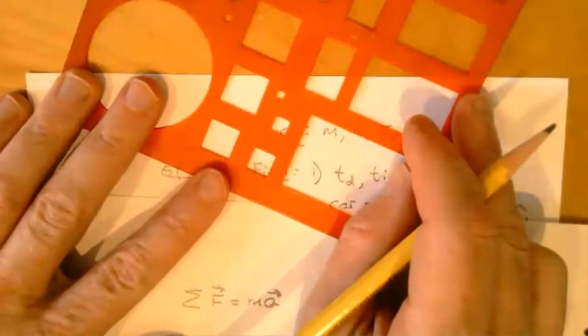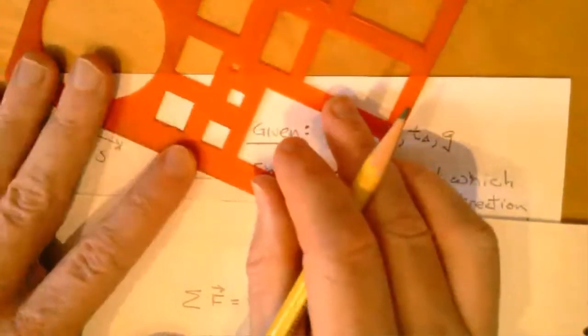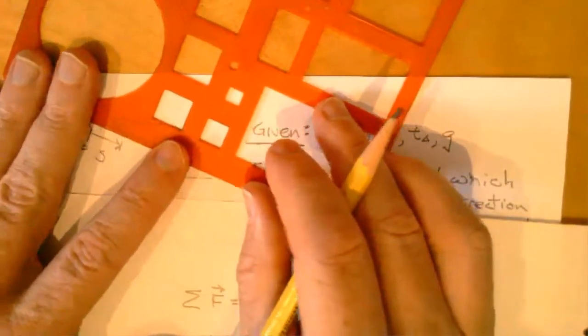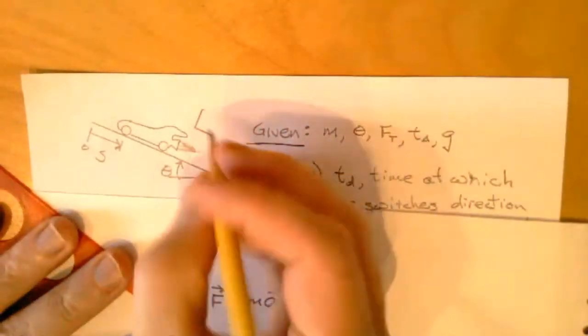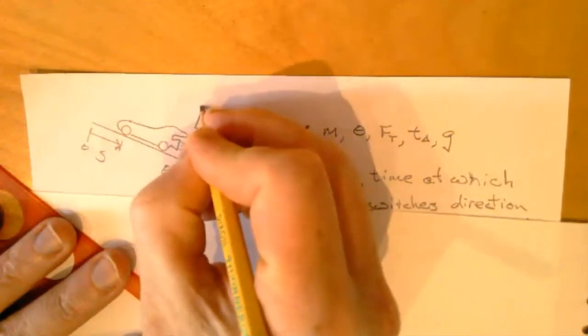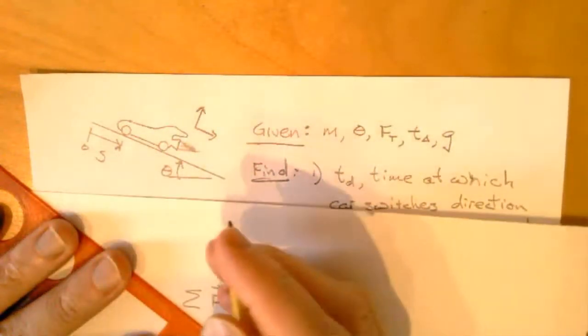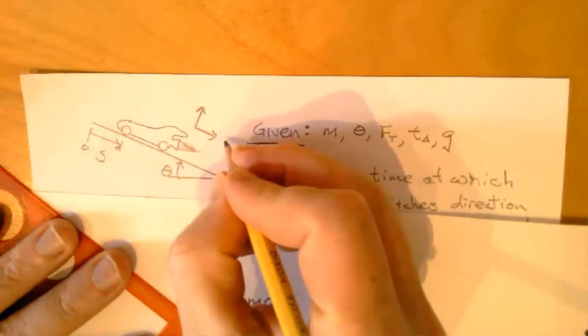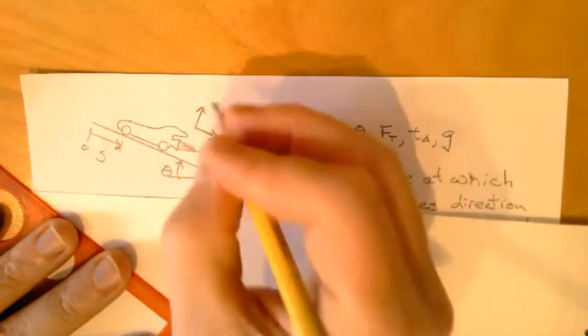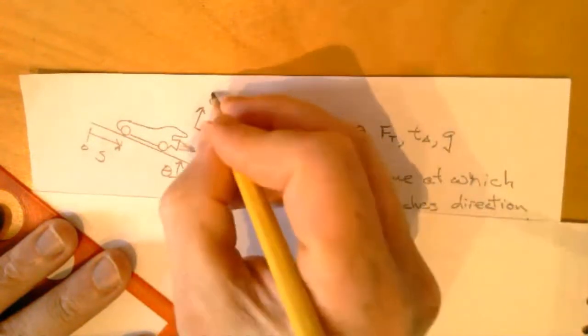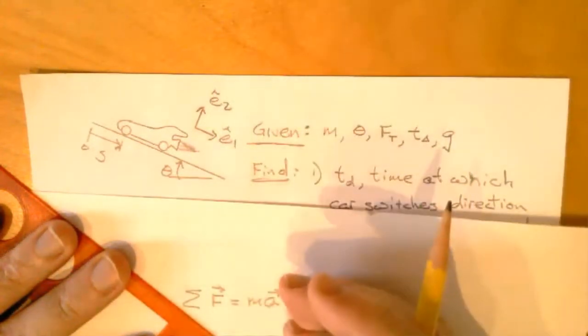I'm going to use coordinates that are tangent and perpendicular to the track. So let me put little coordinate axes on here like so. Another important use for our picture in step number 1 is so we can label things. I'm going to call e hat 1 tangent to the track, or to the road, and e hat 2 perpendicular to the road, like so.